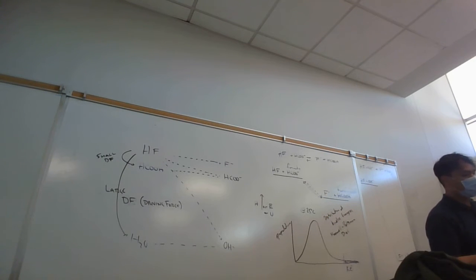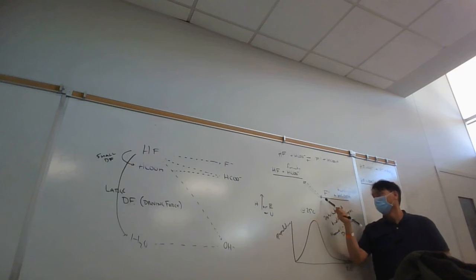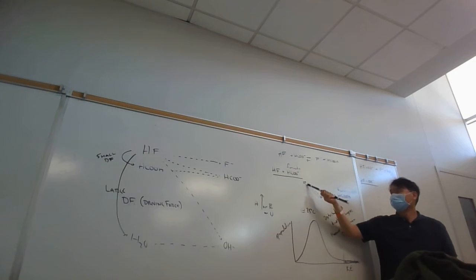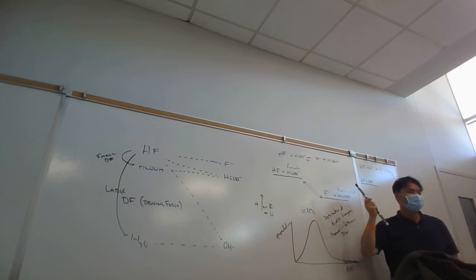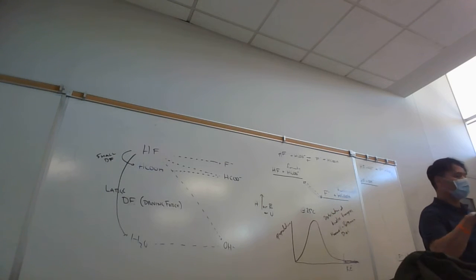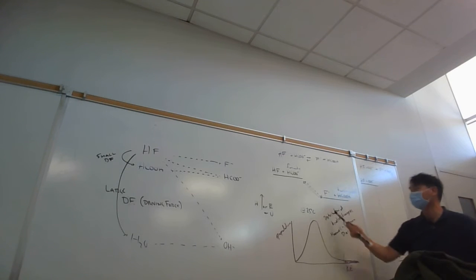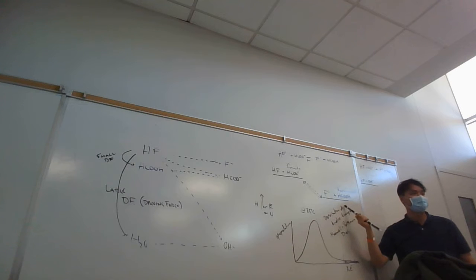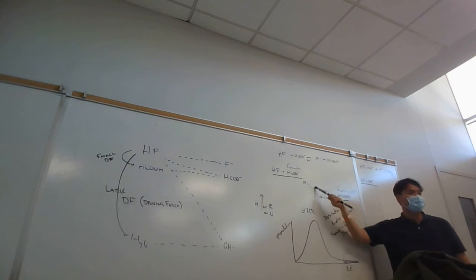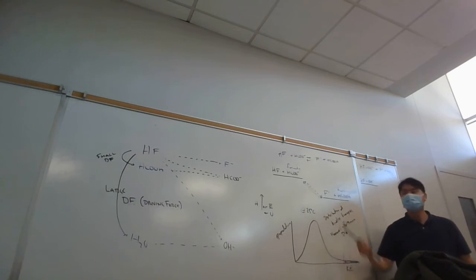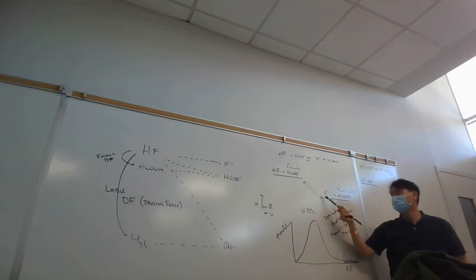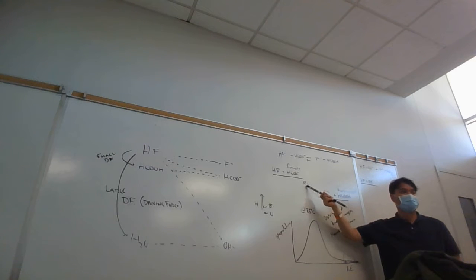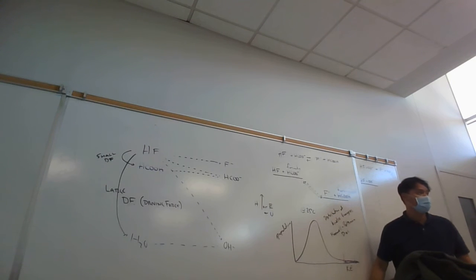Eventually we're going to reach a point where the rate of reverse reaction, the rate of going up, is equal to the rate of going down. And when the rate of going up and the rate of going down are equal, then no more change happens. So that's the end of the reaction. We can wait forever for this to go to completion, but it's never going to go to completion because we're going to get this constant upsurge. And the reaction is going to stop when those rolling down and those rolling up are equal. That's what we call equilibrium.